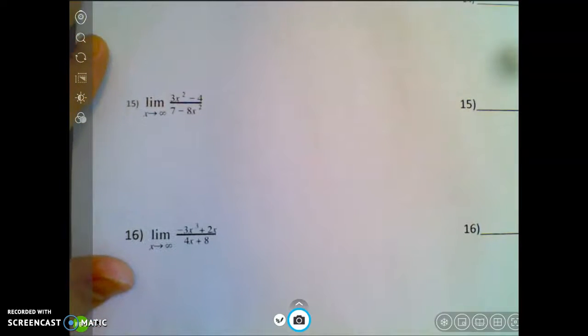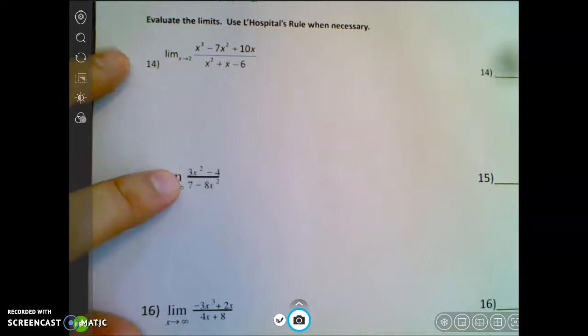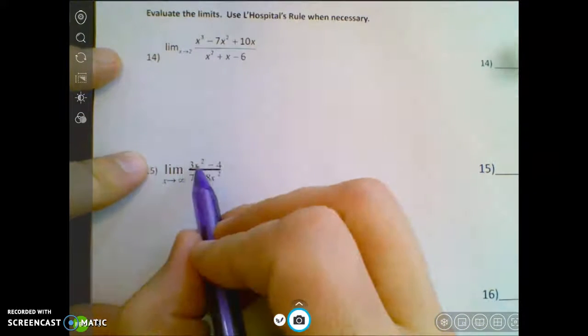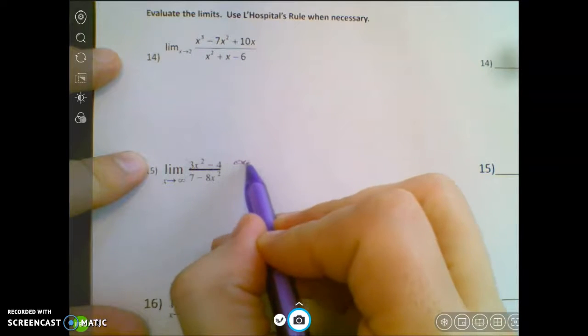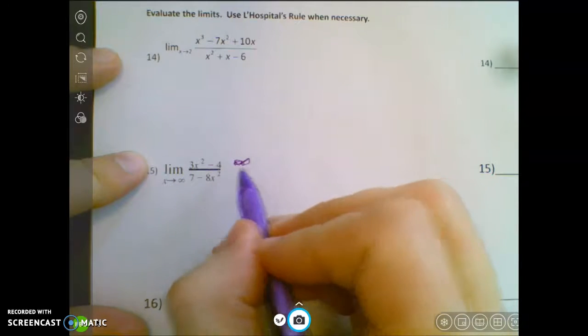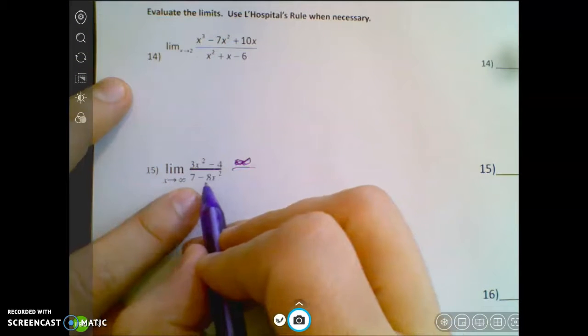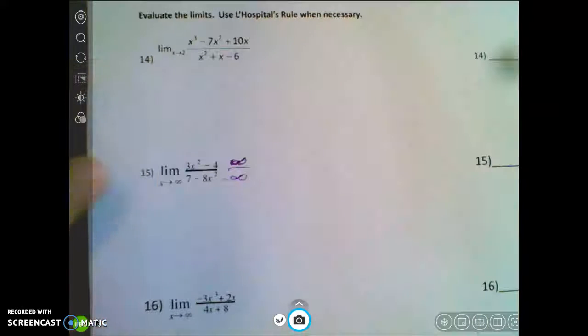So for instance, let's try this one here, number 2. Okay, so if I plug an infinity in here, you get infinity squared times 3, so the top is infinity. The minus 4 doesn't matter, right? The bottom, I put an infinity in here, and you get negative infinity, which still is undetermined.